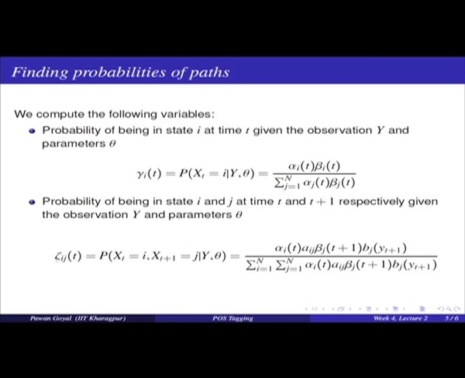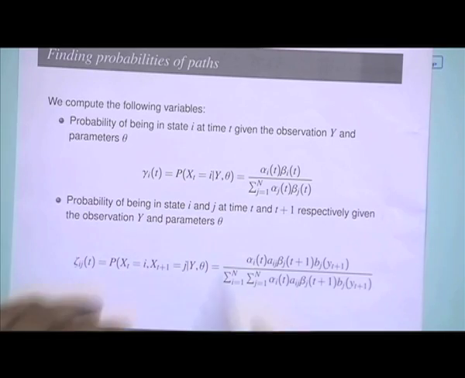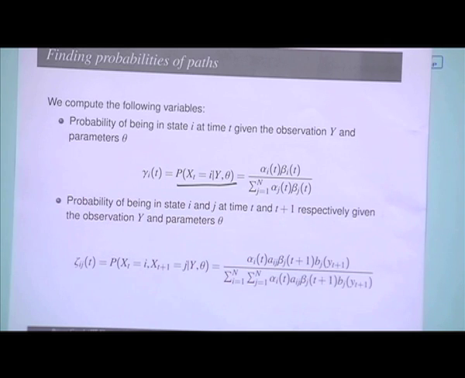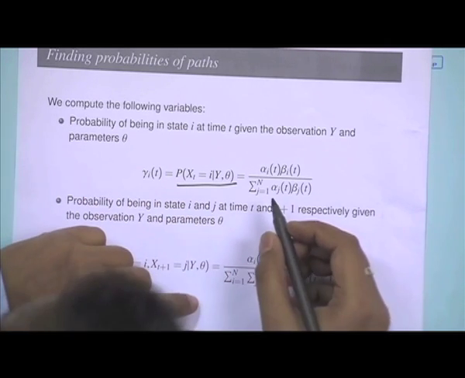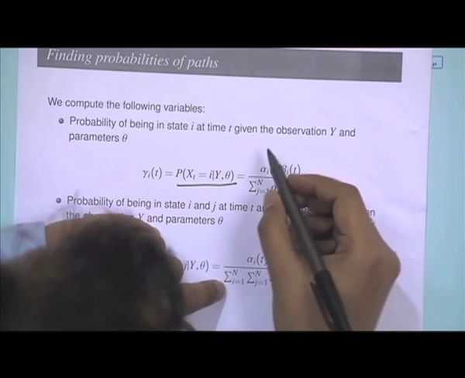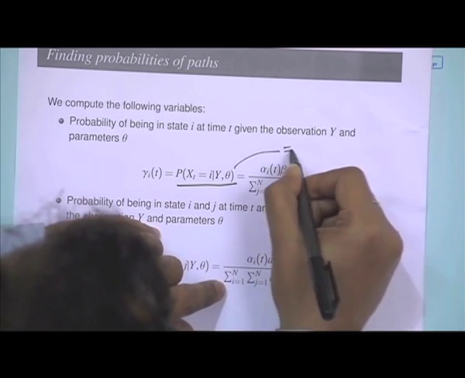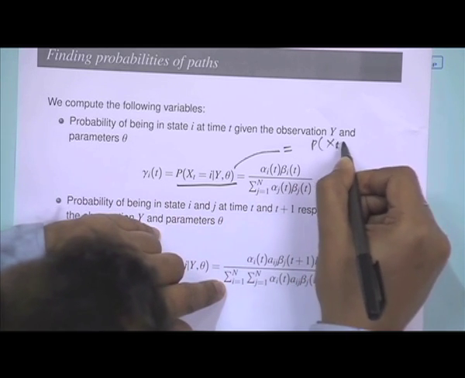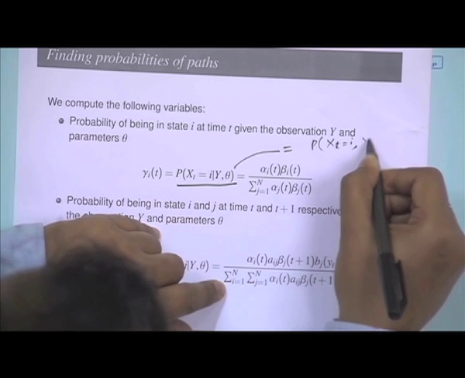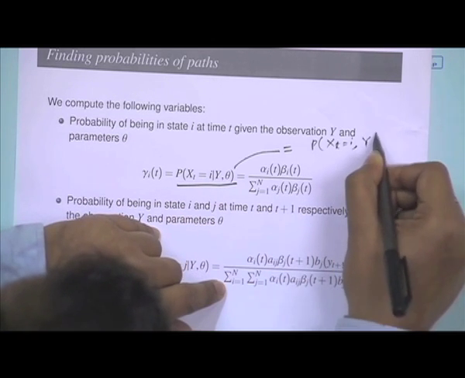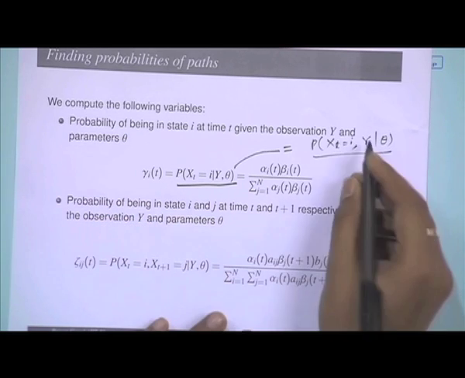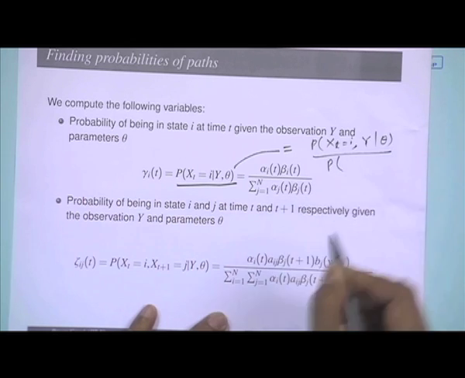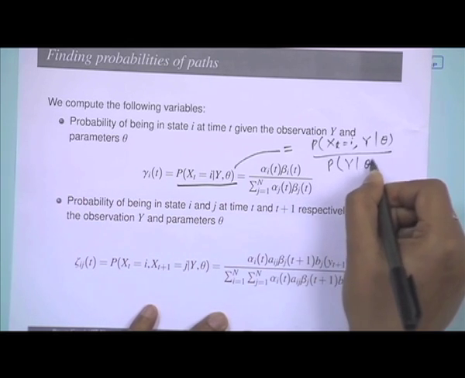Okay. So here, I want to compute the probability of xt = i given y and theta. I will compute it using the probability of xt = i, y given theta, divided by the probability of y given theta.